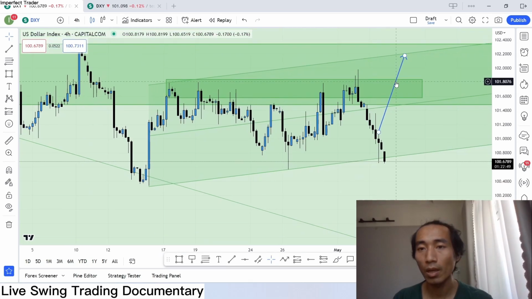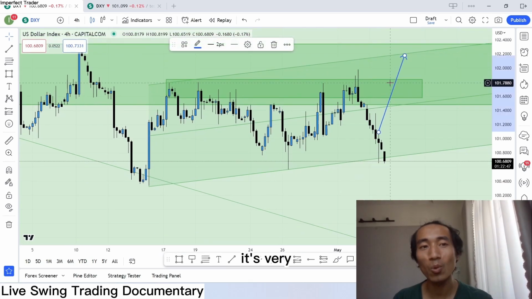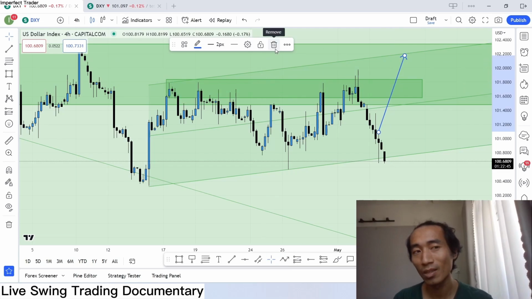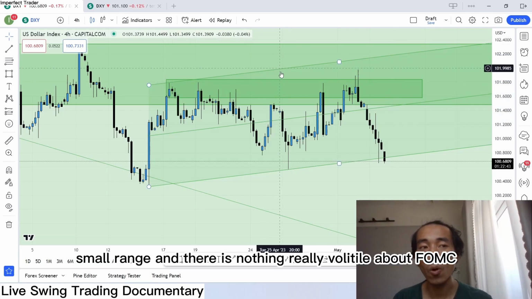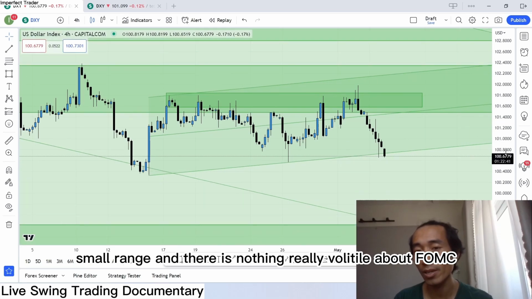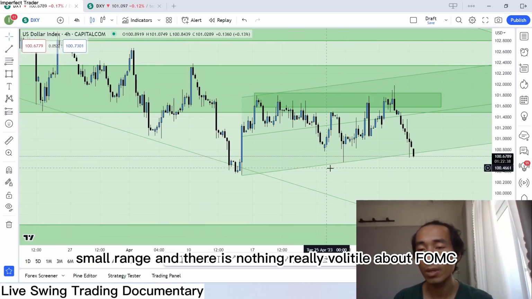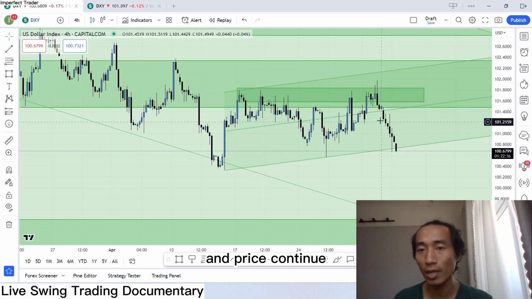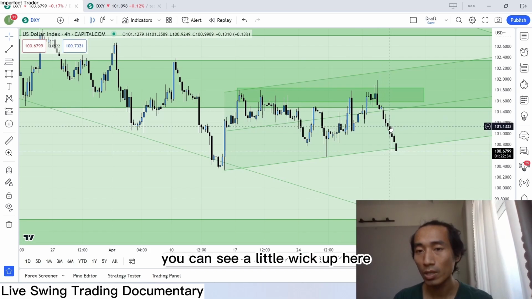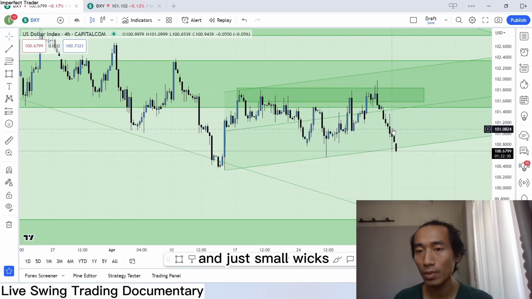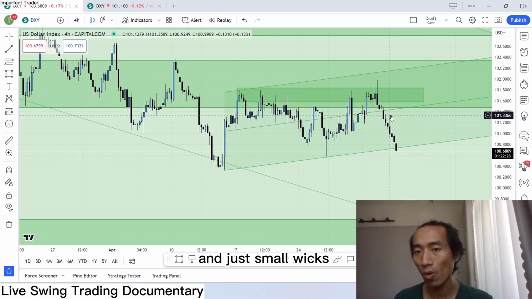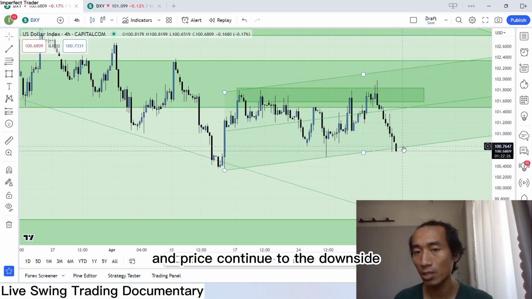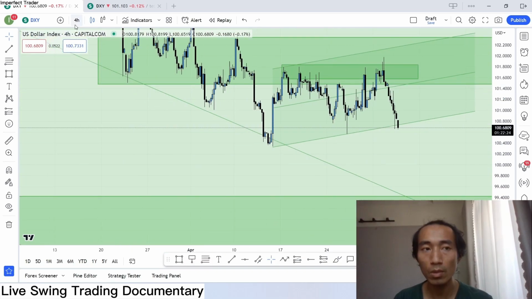But it was a very small range and there was nothing really volatile about FOMC. Price just continued. You can see a small wick up here, and then price continued to the downside.